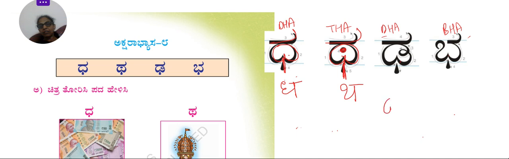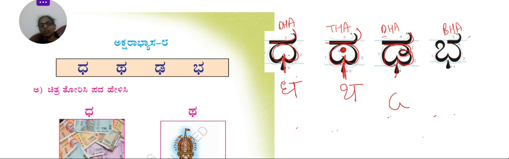Then the next one is Dha. This again is similar. We write Da like this. Dha is just one line at the bottom which is extra. We will do it along with the arrows here. So this is 1, then 2, 3, 4 and 5.